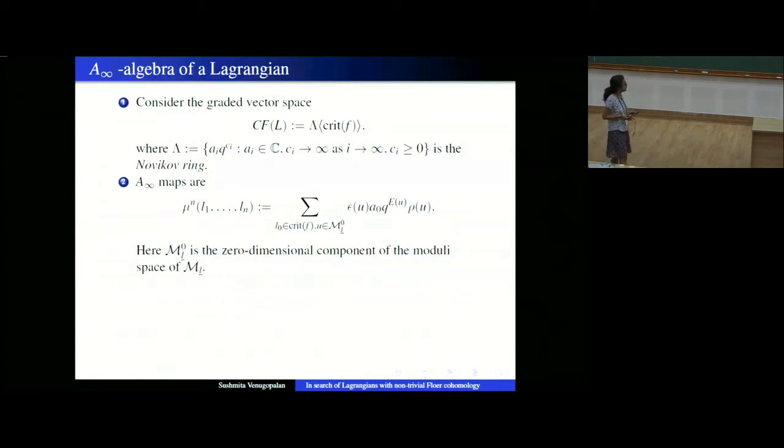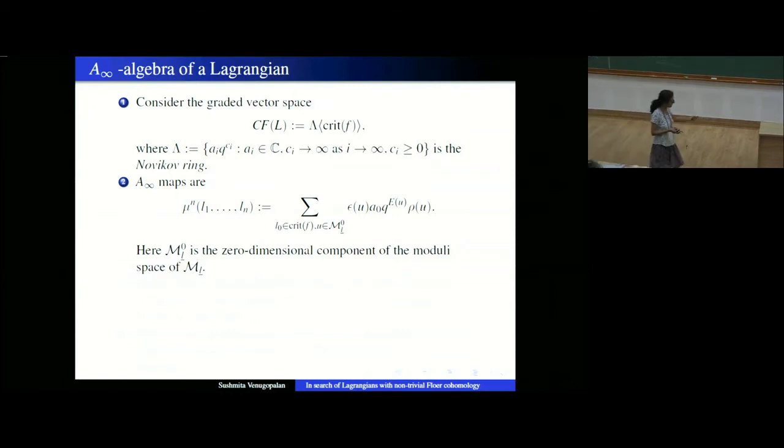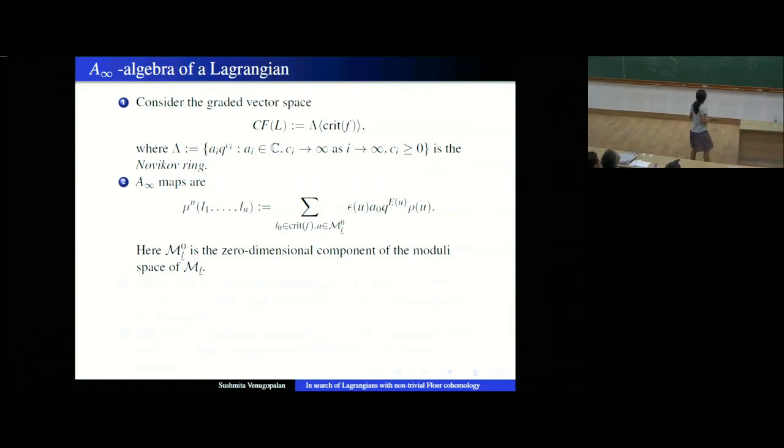And the A infinity maps are defined using these moduli spaces, which I described in the previous slide. And how I describe it is if L1 through Ln, so recall that L1 to Ln are critical points of the Morse function on the Lagrangian, I just count the zero-dimensional component of those moduli spaces and see what all occurs in the output.